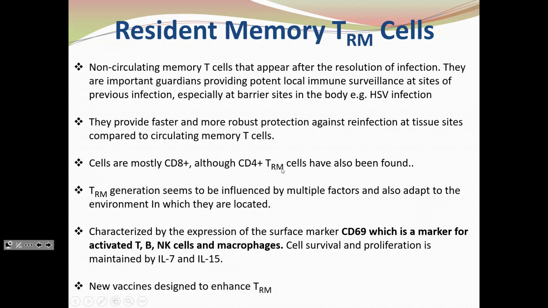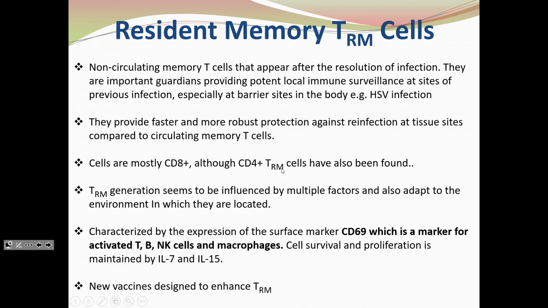There are many CD8 cells, although we do find some CD4 cells, and they are important for protection against previous skin infections like measles, herpes viruses, and so on, such that on secondary challenge or secondary infection with these viruses, these memory cells can immediately go into effect and block or kill infected cells.